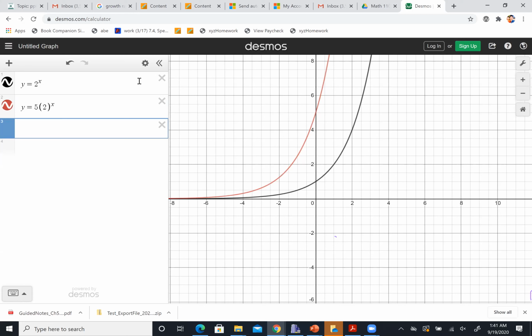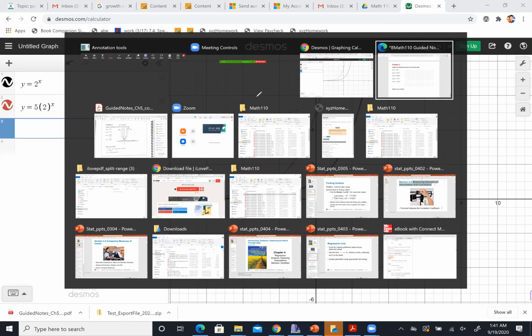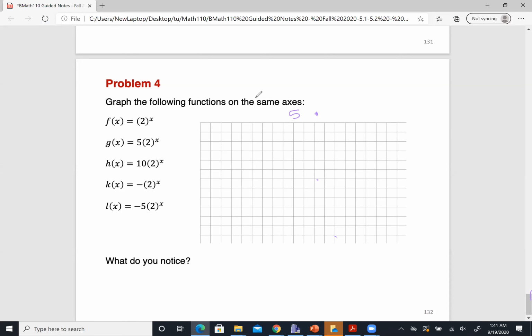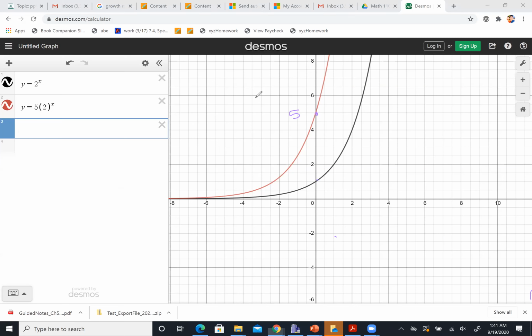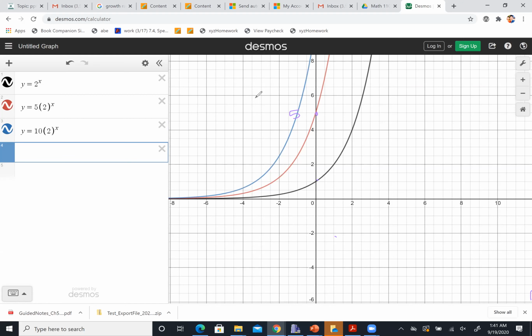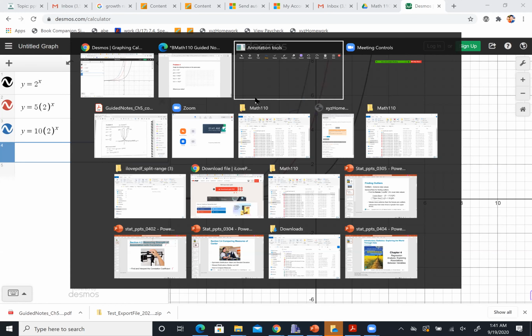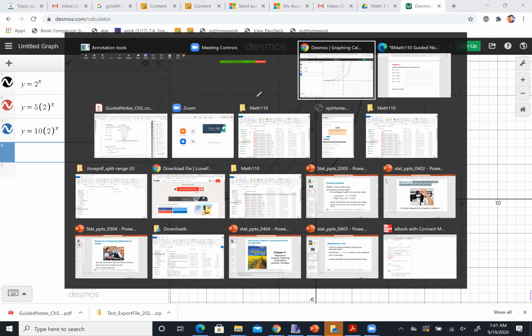Okay, so a little different. Now you can see that the y-intercept changes from 1 to 5, right? Now, 8^x can be 10 times 2^x. And what else?